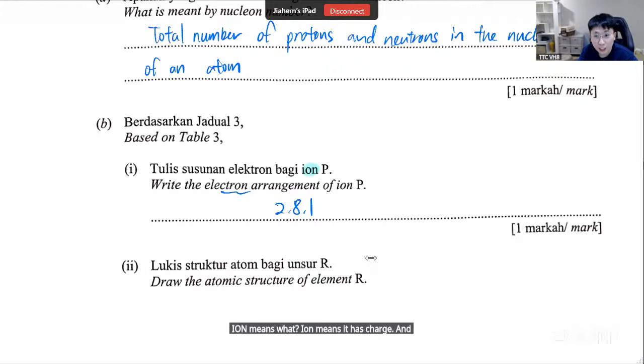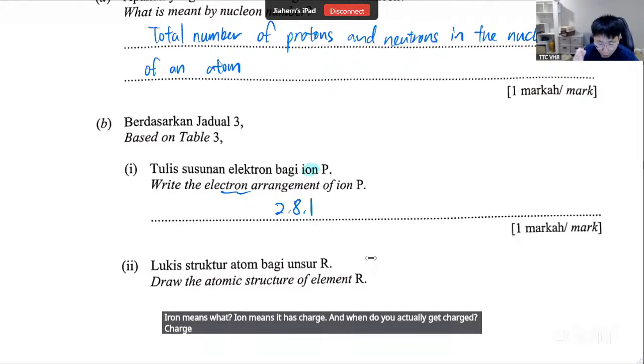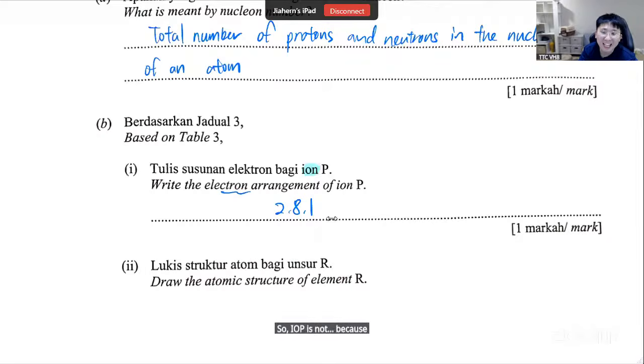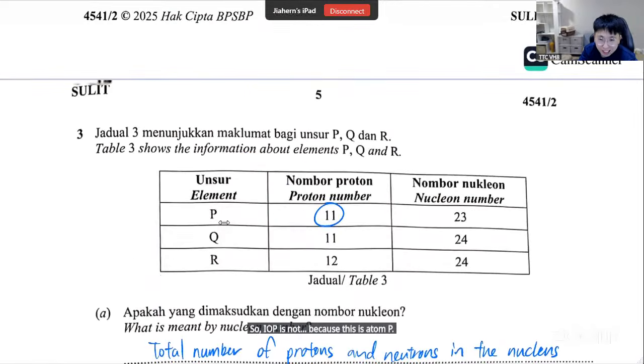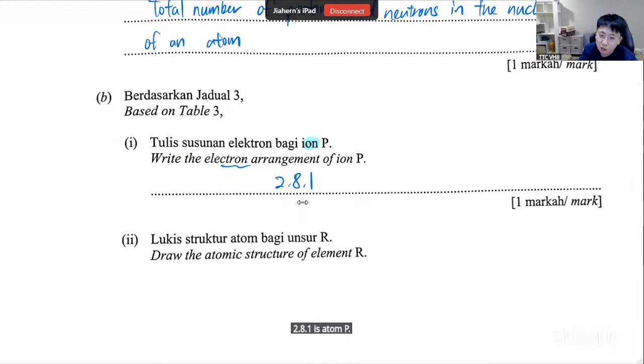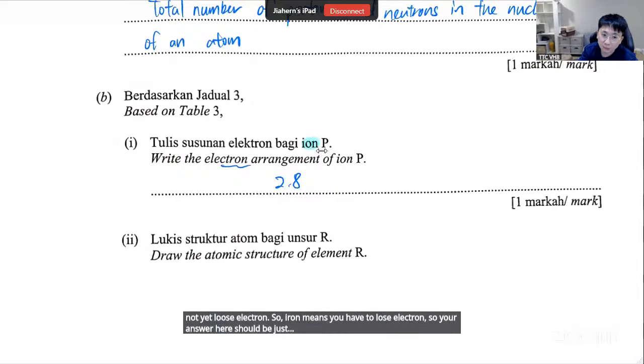And when do you actually get charge? Charge only happens when you lose or gain electron until stable. So is 2.8.1 stable? No. So ion P is not this, because this is atom P. 2.8.1 is atom P, not yet lost electron. So ion means you have to lose electron. So your answer here should be just 2.8.